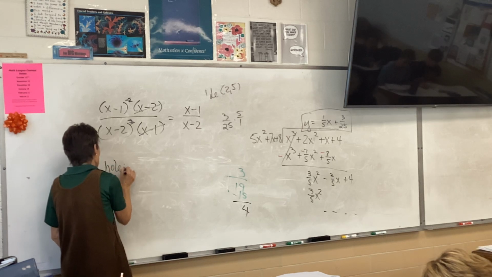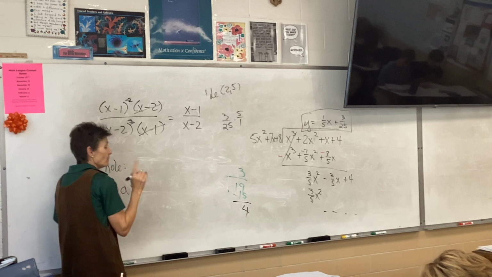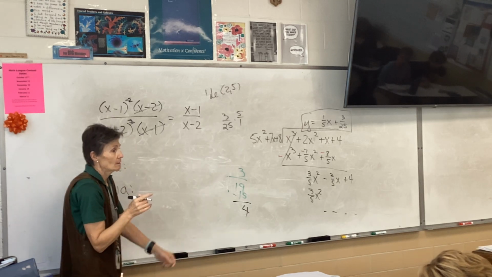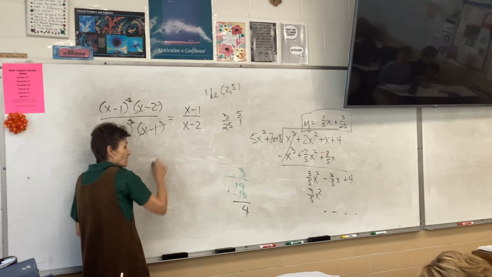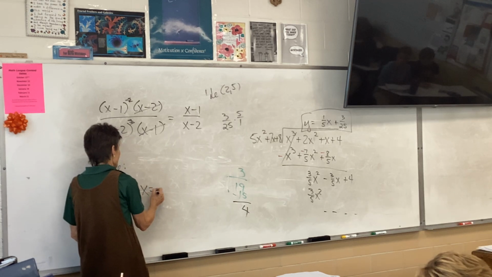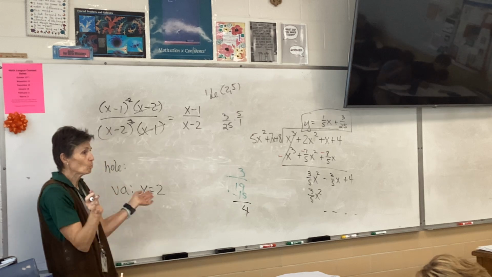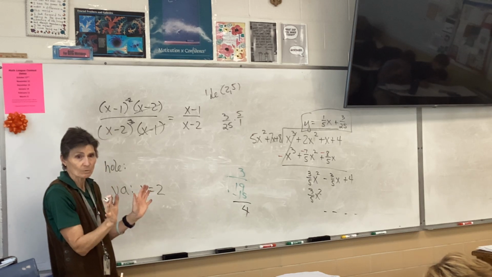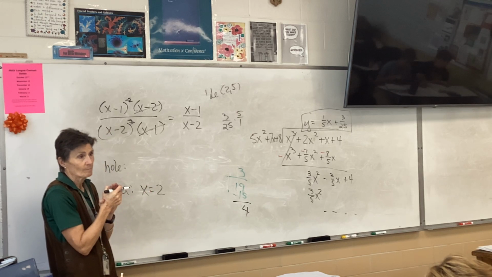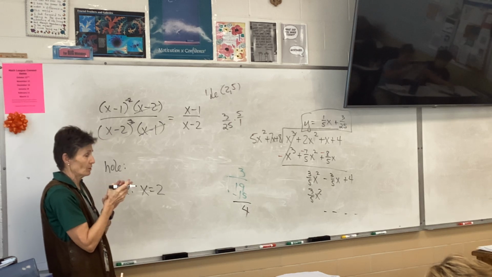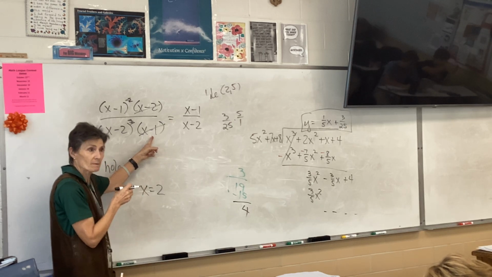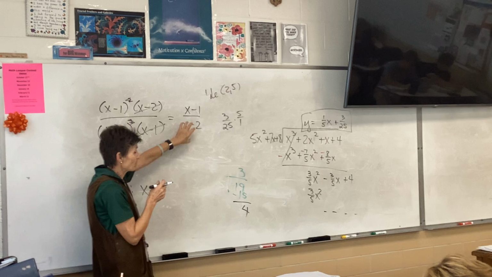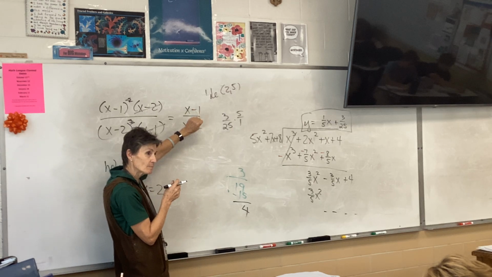Tell me about a vertical asymptote. This problem has one. What is the vertical asymptote? X equals 2. No matter what, x can't be 2 in this problem. Now, in the original, x also couldn't be 1. But can x be 1 in this problem? Yeah, it can.